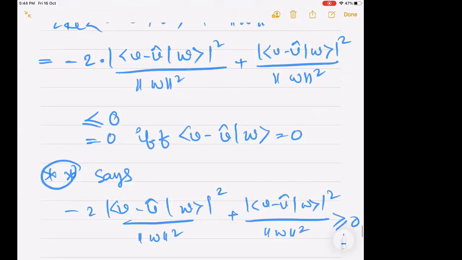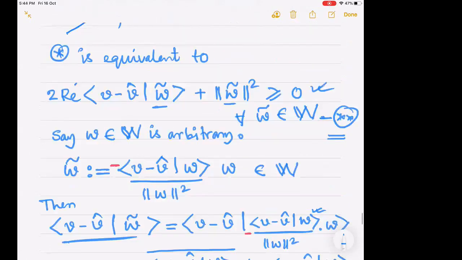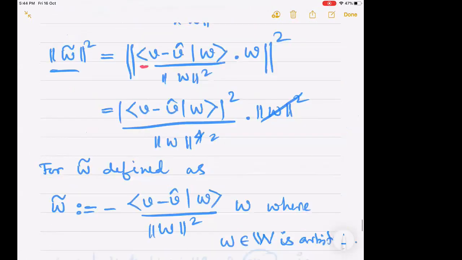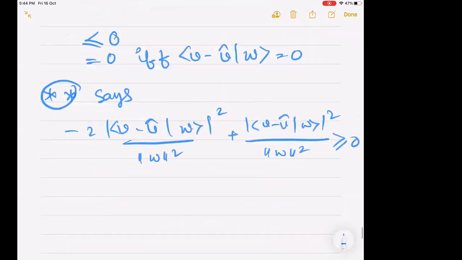Look at star. Star says that this is bigger than or equal to 0. So this same quantity has to be bigger than or equal to 0, and also less than or equal to 0, which means it has to be 0. But 0 means this has to be 0. And W was arbitrary, so this is true for all W. Right? So this is it.